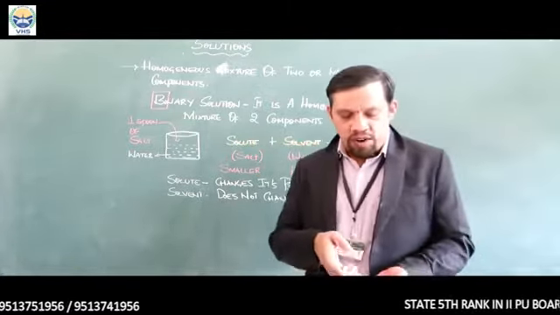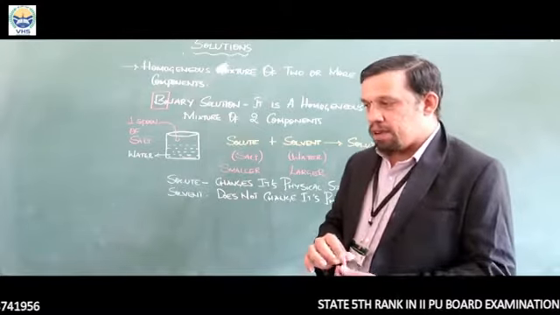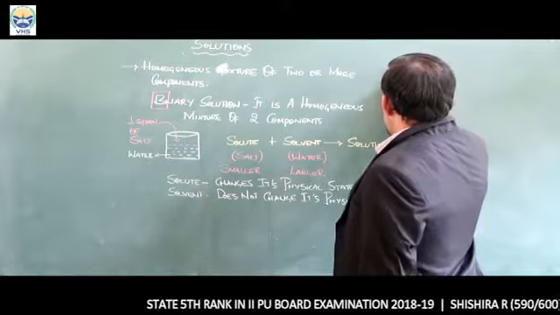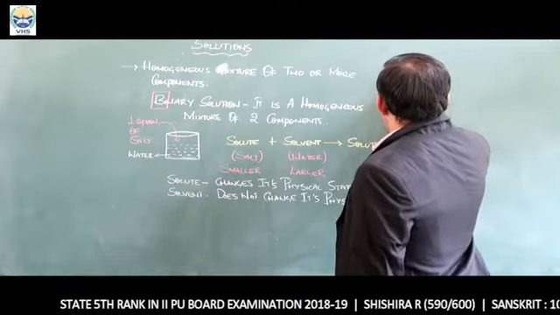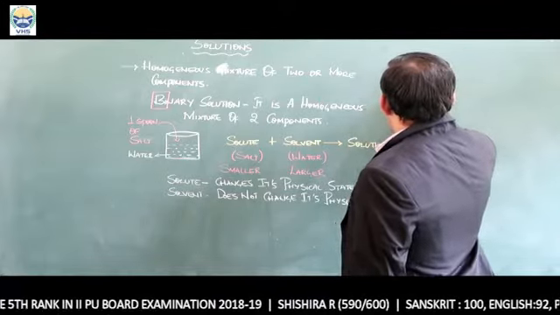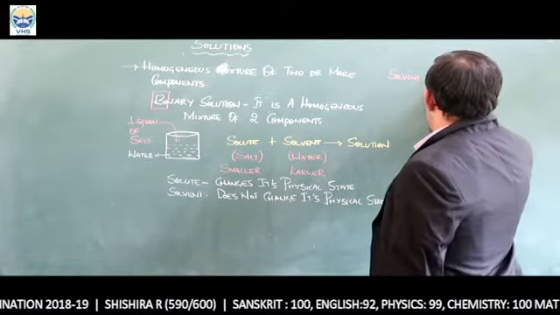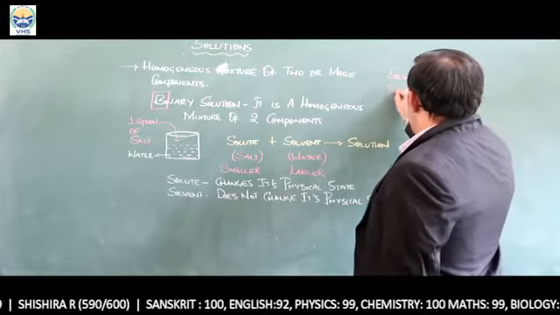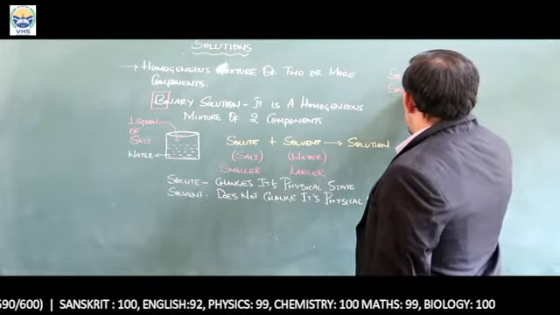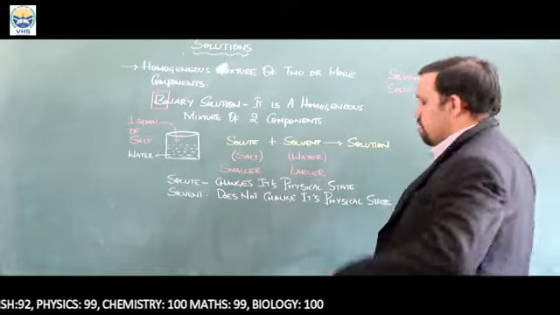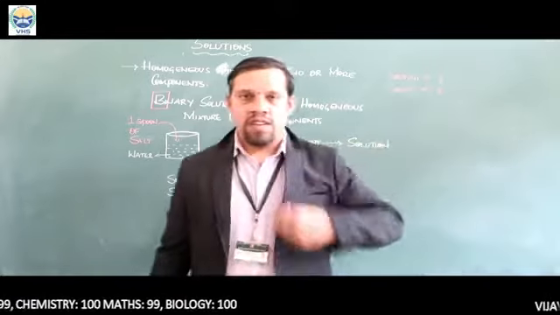So what I will do is, you people try to remember it now only. I will be indicating solvent with the prefix 1, and I will be indicating the solute with the prefix 2. Okay.